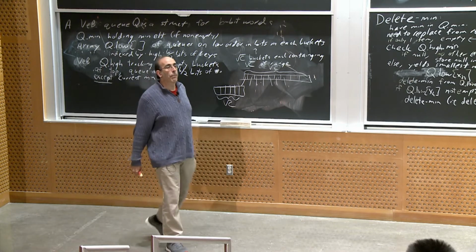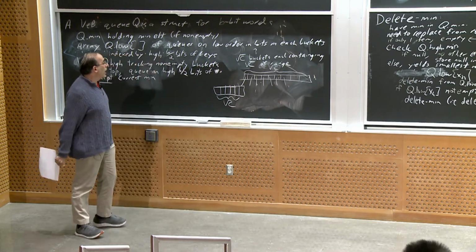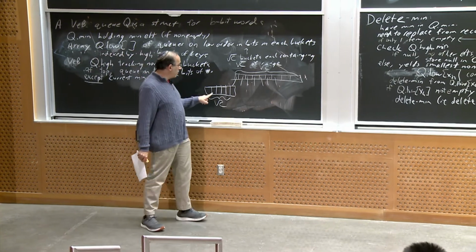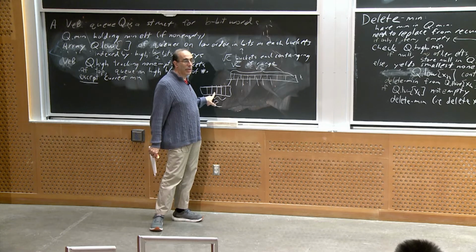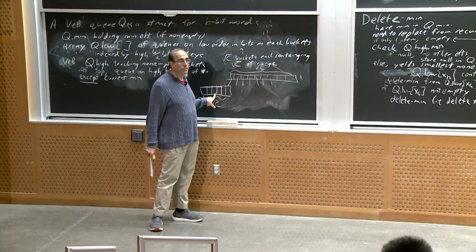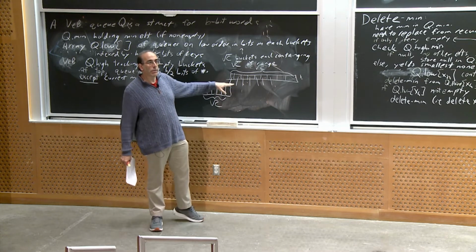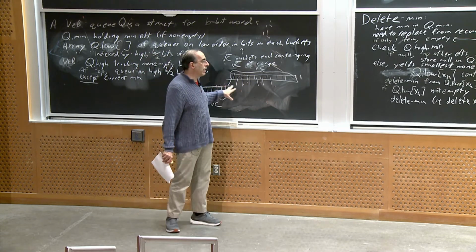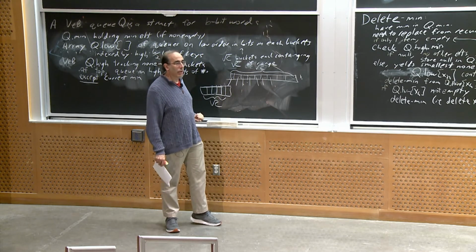O of C. How come? Well, remember that I don't actually need to create these recursive structures unless they're non-empty, right? So that's going to be bounded by n, or n times something. I'm not going to need to create an unbounded number of these, okay?